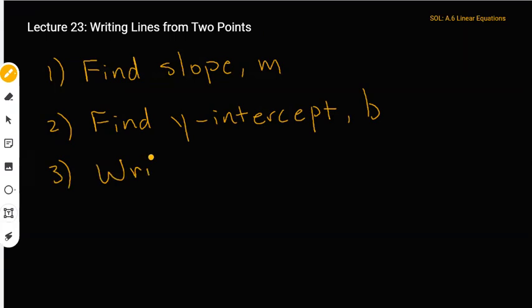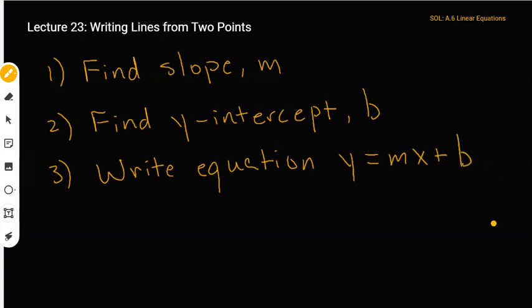And then we're going to write our equation in slope-intercept form. So I'm going to say write equation y equals mx plus b. So those are the 3 steps that we're going to be following today. We're always going to be finding the slope first. Then we're going to find the y-intercept, and then we have to write out our equation as y equals mx plus b.